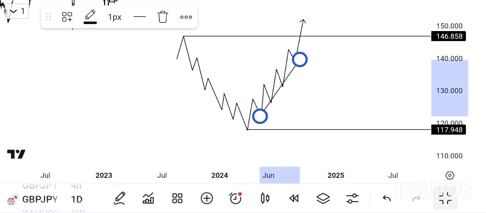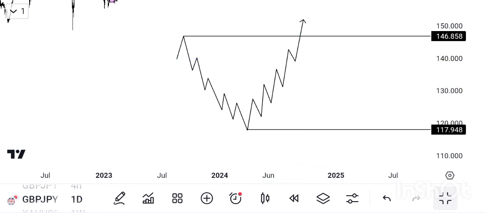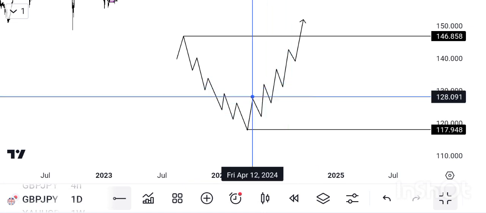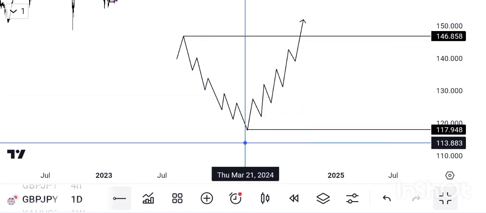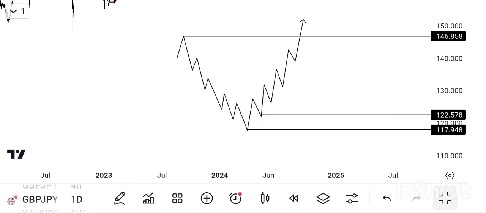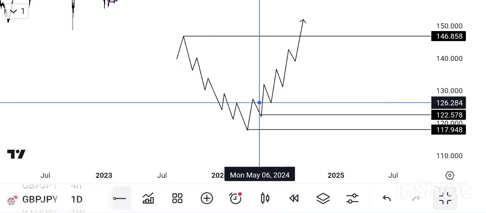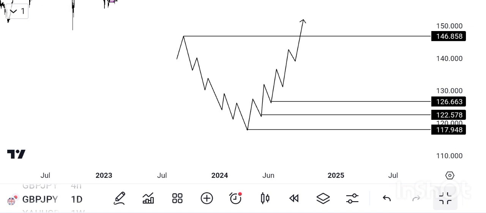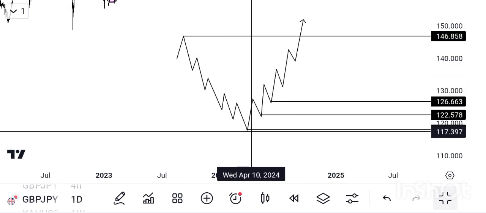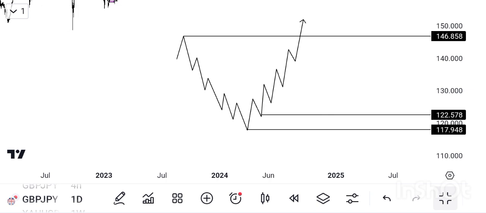Those are your internal liquidity. So all this low right here, they are internal liquidity because they operate within the external liquidity. So that is external and then internal liquidity.